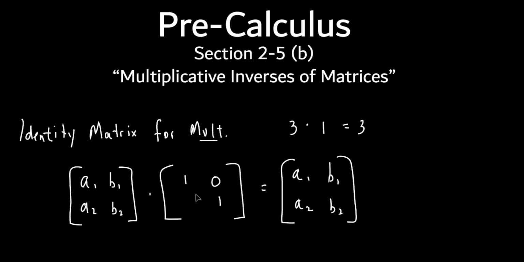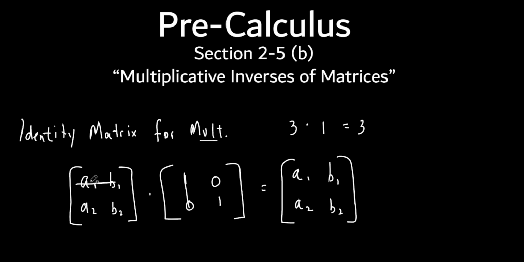Just for the sake of time, I'll show you what it is so you get the idea. Let's see if that works. Everybody watching? Let's do that matrix multiplication. A1 times 1 is A1, plus B1 times 0 is 0, so I'm just left with A1. With me? Then we go this way and that way.